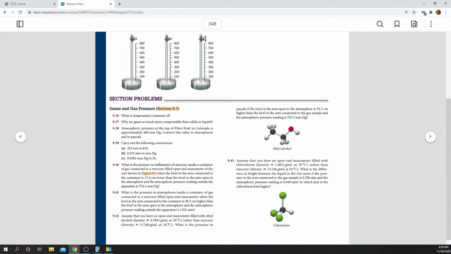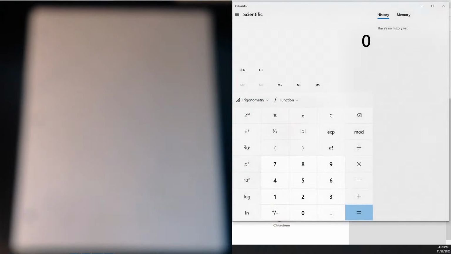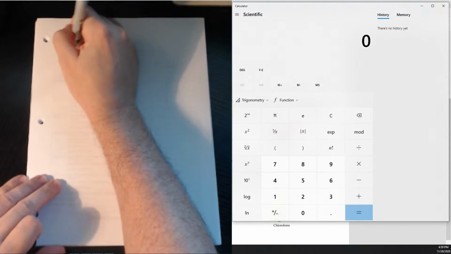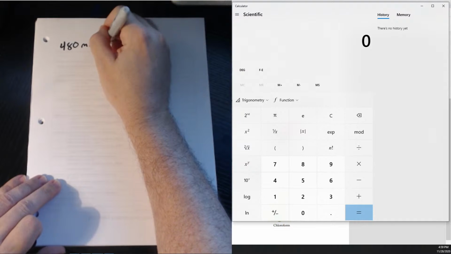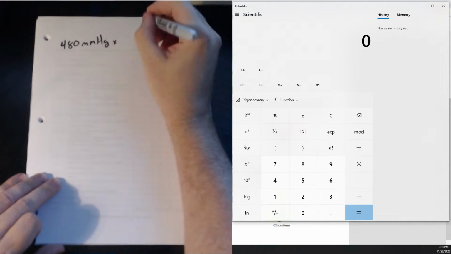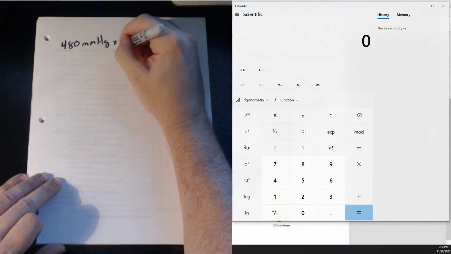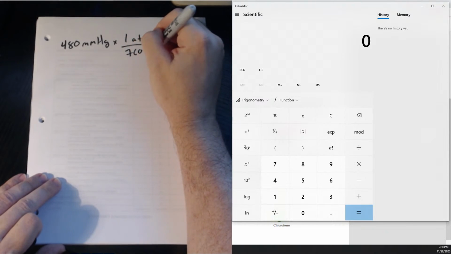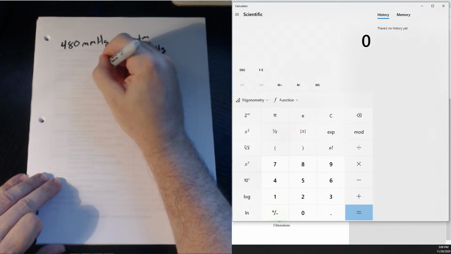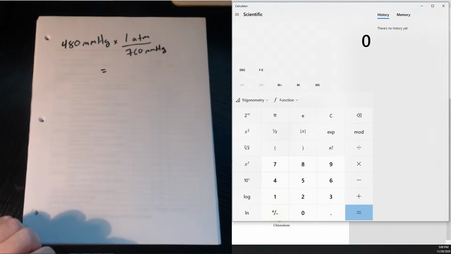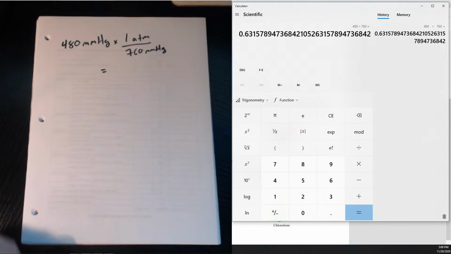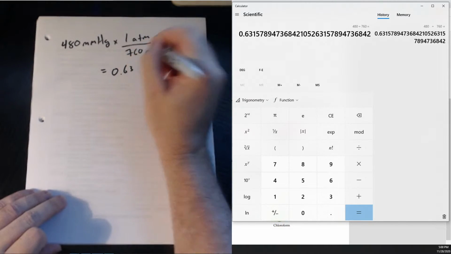Okay, so it's 480, so I'm going to need both of these. So 480 millimeters mercury, there we go, times 1 atmosphere for every 760 millimeters mercury is equal to 0.63.